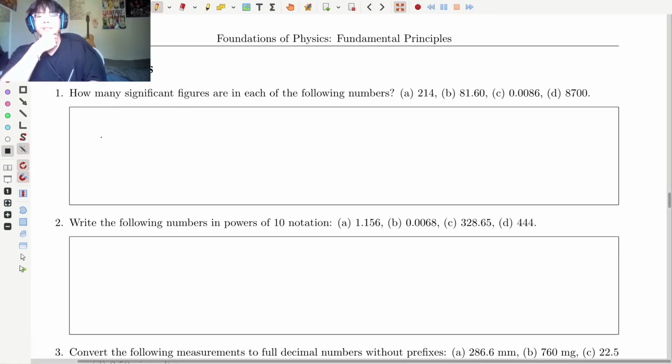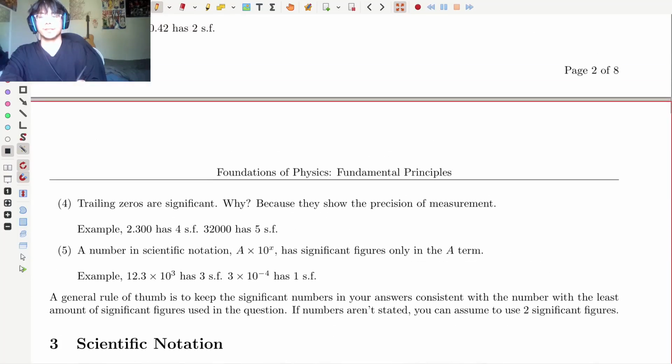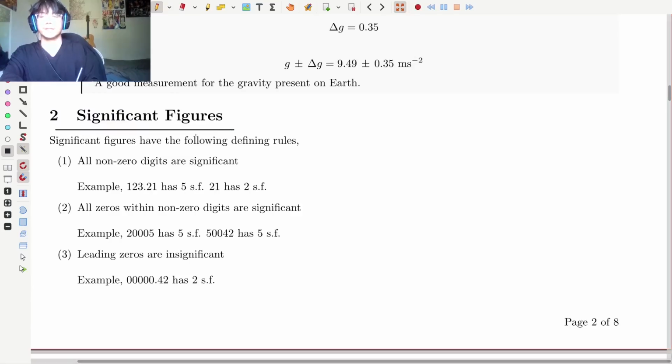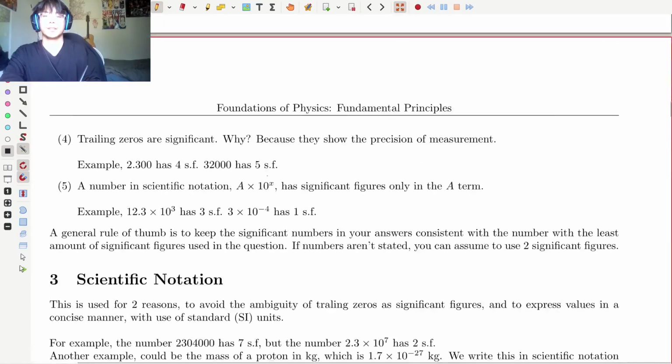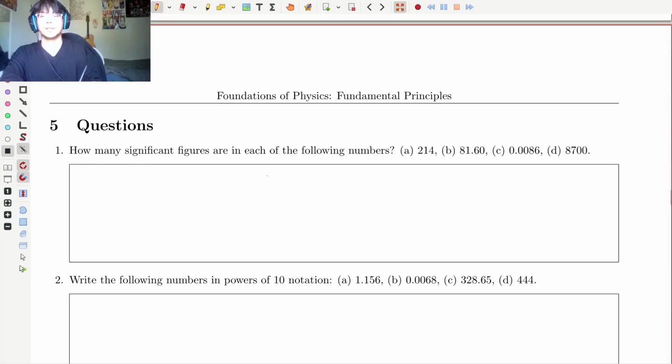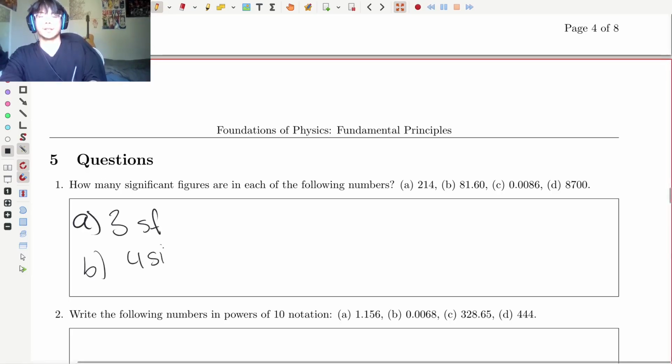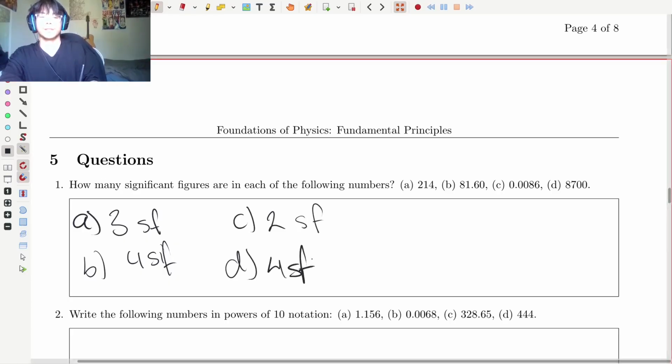So how many significant figures are in each of the following numbers? We're just going to use this definition of significant figures here. So by using that, we can see that A has 3 significant figures, B has 4 significant figures, C has 2 significant figures, and D has 4 significant figures.